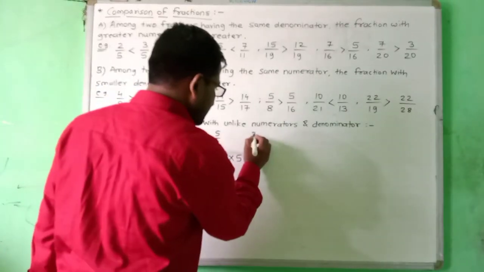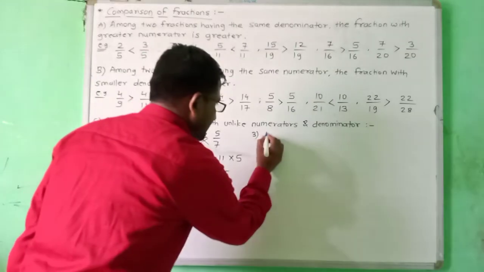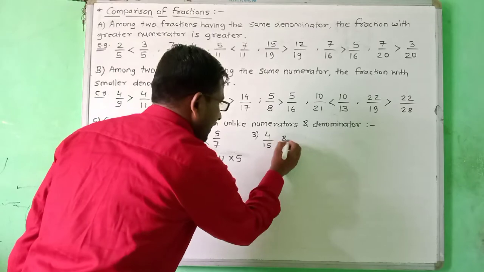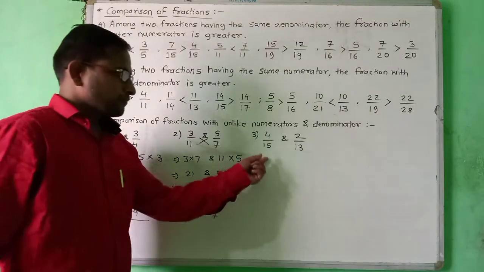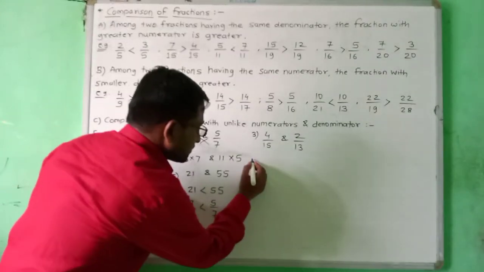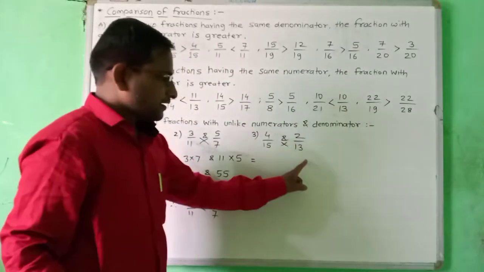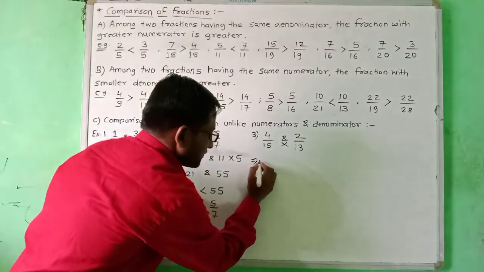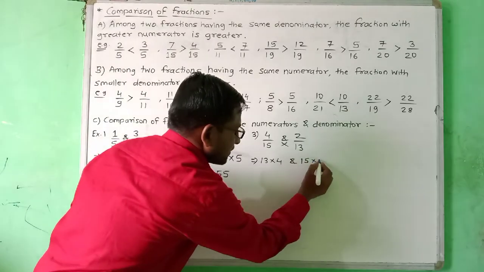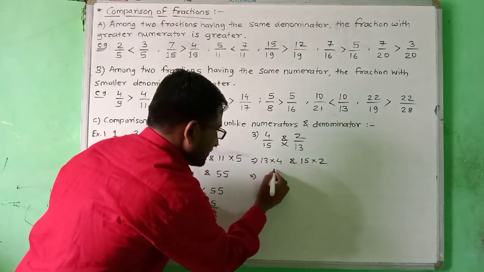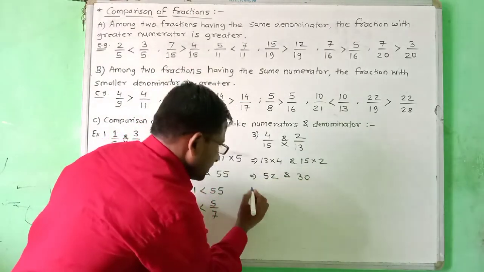Next example, third: 4 upon 15 and 2 upon 13. First step, you do the cross multiplication. 13 multiplied by 4 and 15 multiplied by 2. 13 times 4 is 52 and 15 times 2 is 30.